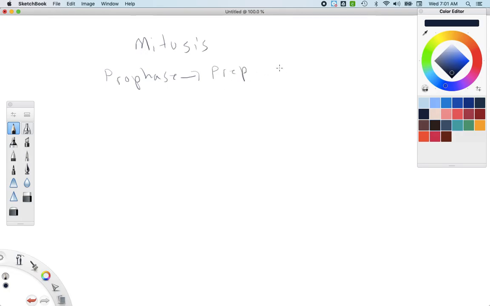The nuclear membrane disappears, the DNA goes from chromatin to chromosomes. The centrioles migrate to opposite sides of the cell. And from prophase, we go to metaphase. And in metaphase, those chromosomes line up in the middle.